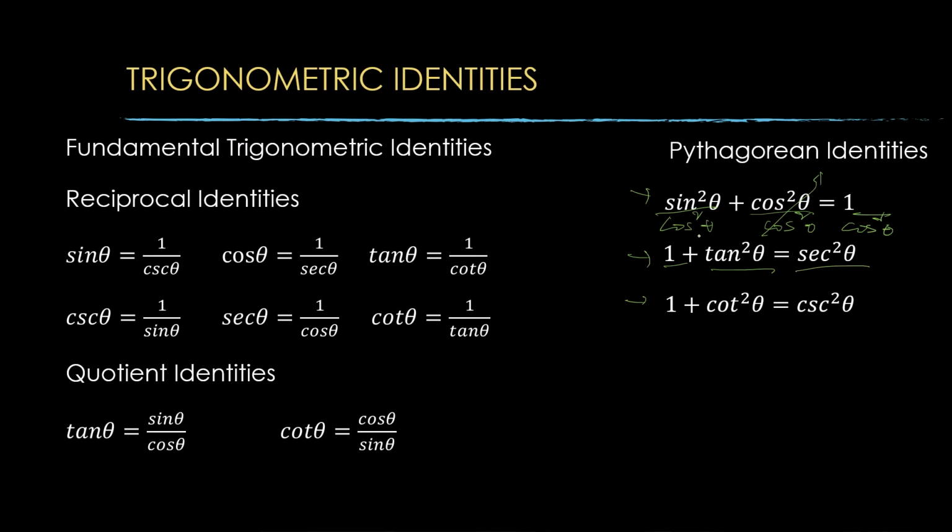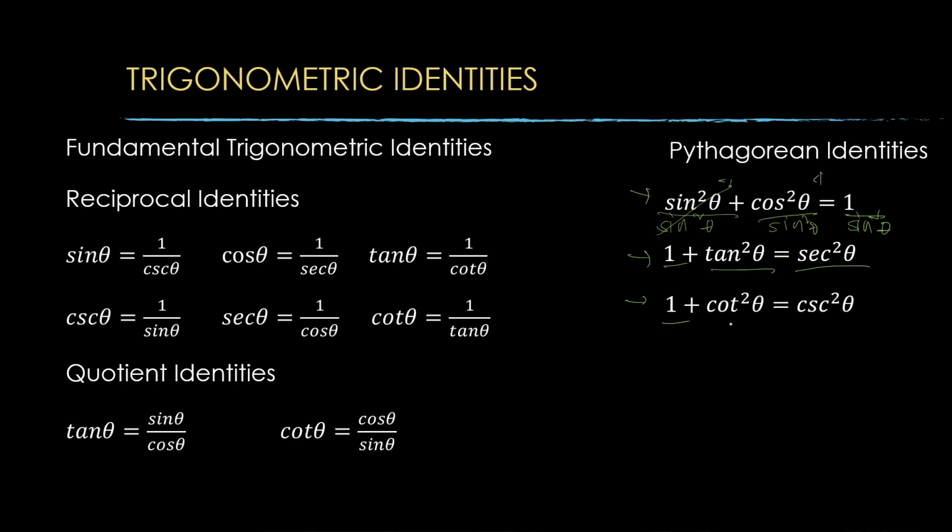And if we divide the first equation by the sine of theta squared, okay, what is this value equal to? Sine of theta squared over sine of theta squared reduces to 1.